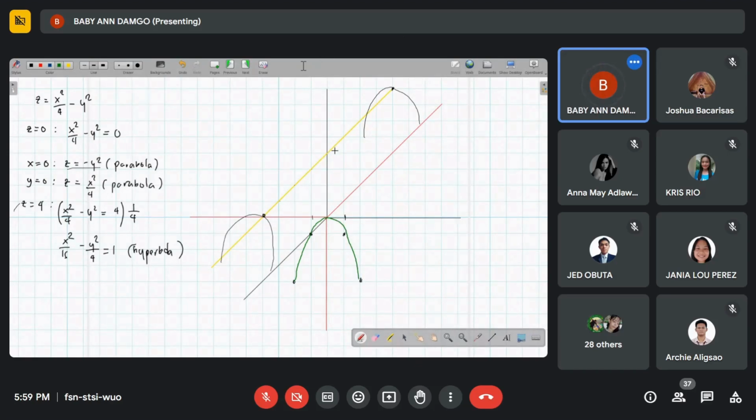Okay. So z is x squared. So from this, actually, pwede na ta maka-create sa graph. So pwede na to siya i-connect. This one na kana. And then this one. So ing ani ang graph na kani.